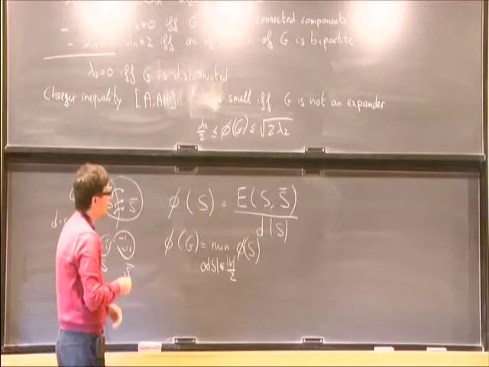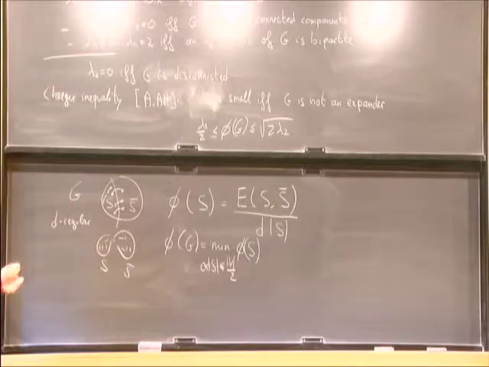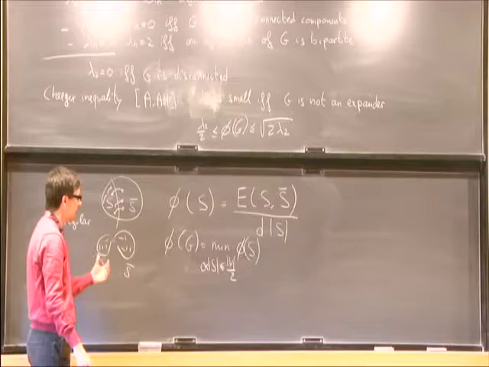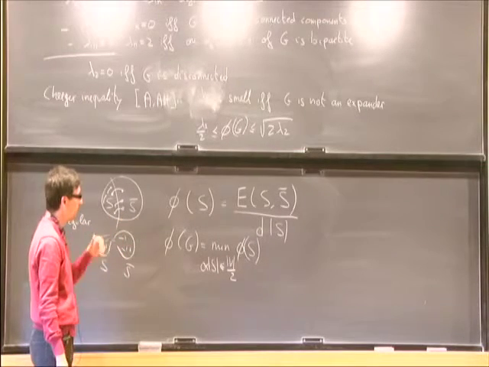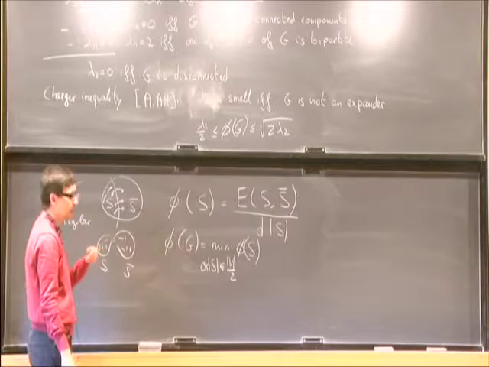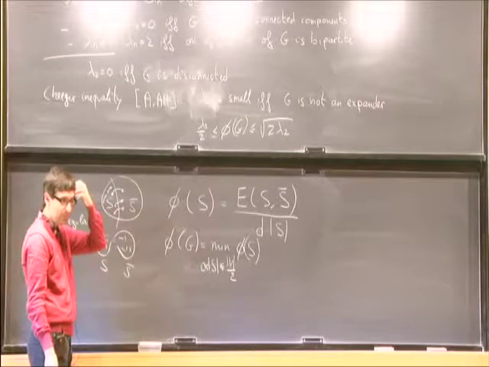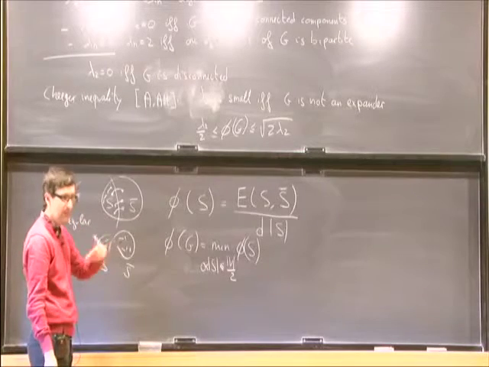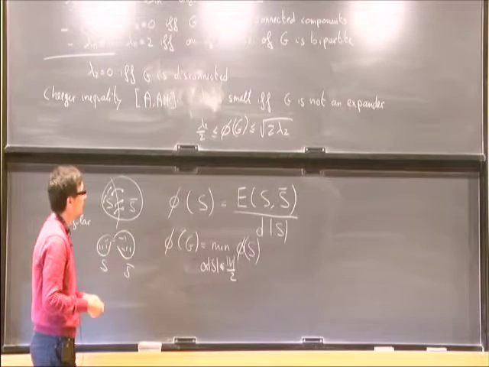And so both directions of this inequality are very useful. This is saying that if we want to explicitly construct a graph that has this expansion property, one way to go about it is to construct a graph in which the second eigenvalue is bounded away from 0. And in some cases, that's an easier way to do it.